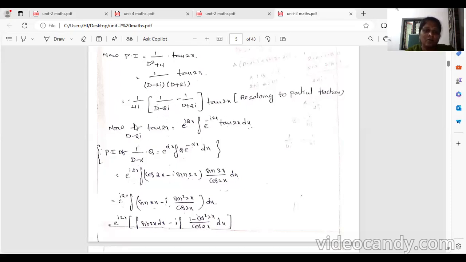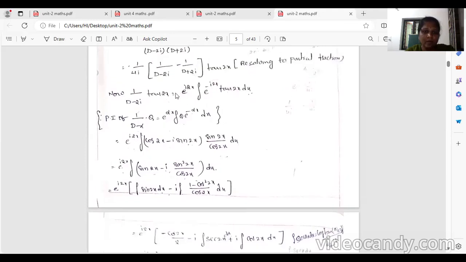First solve 1 by D minus 2i into tan 2x, using the direct method: 1 by D minus alpha into Q of x equals e power alpha x integral of Q into e power minus alpha x dx. Here alpha equal to 2i and Q equal to tan 2x, so e power i2x integral of e power minus i2x into tan 2x dx.